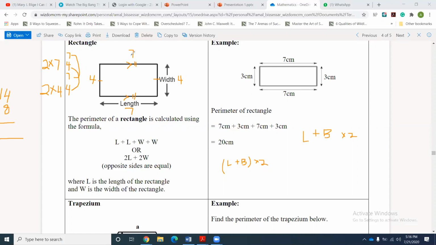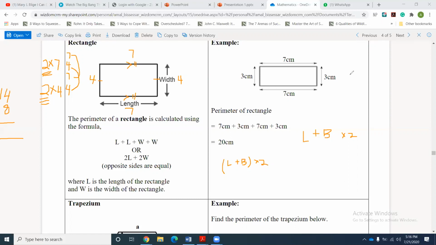Because why not? Why not group this 7 and this 7, this 4 and this 4? Which works out. And then somebody else would have come along afterwards and said, you know something, you have me now multiplying by 2 here and multiplying by 2 here.